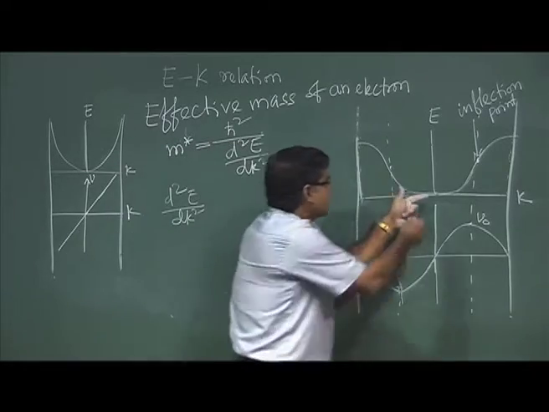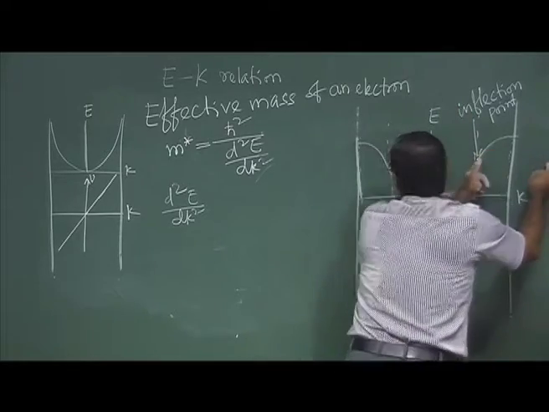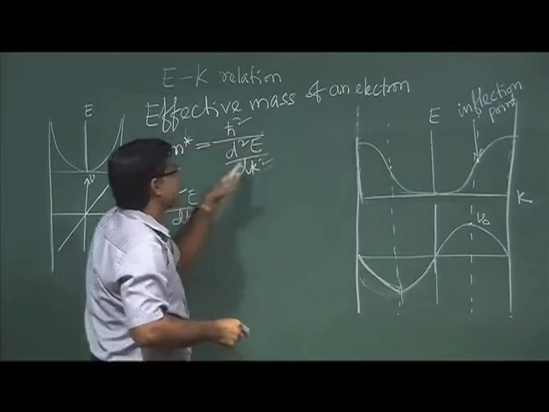So, in this curve there are two curvatures, one is this, another is this, and the mass is represented by this. These are constant, forget.